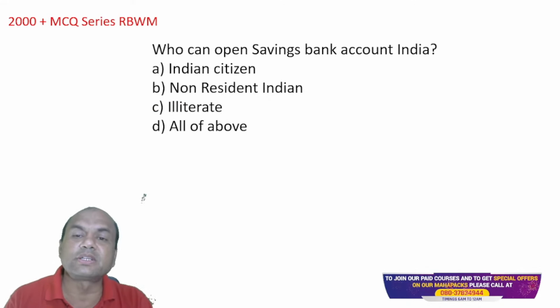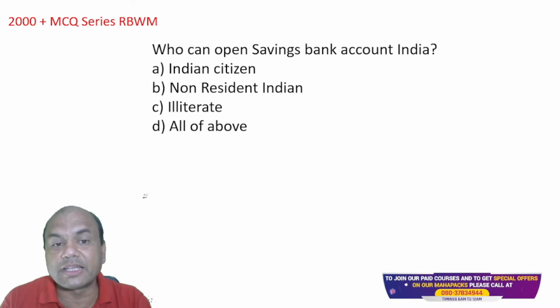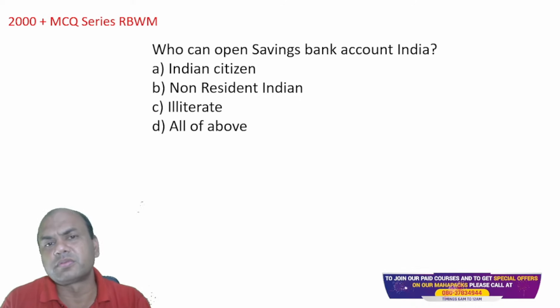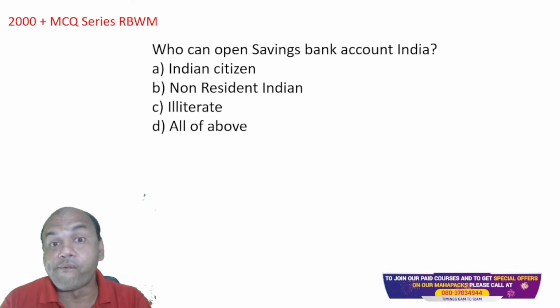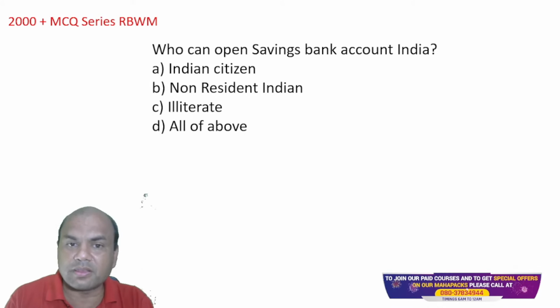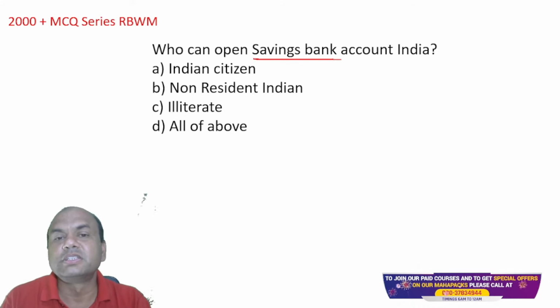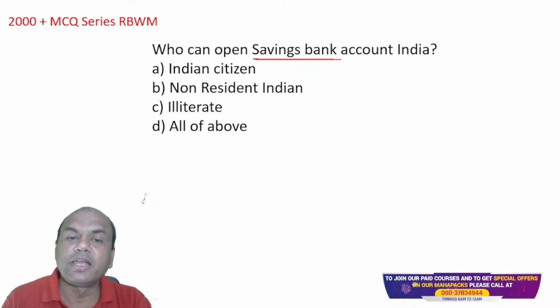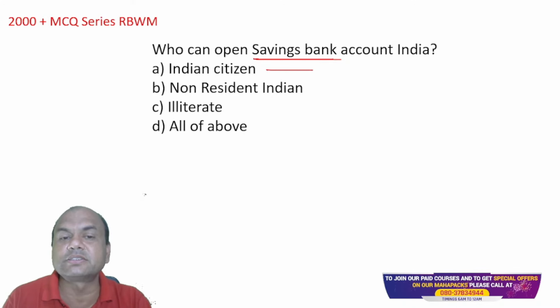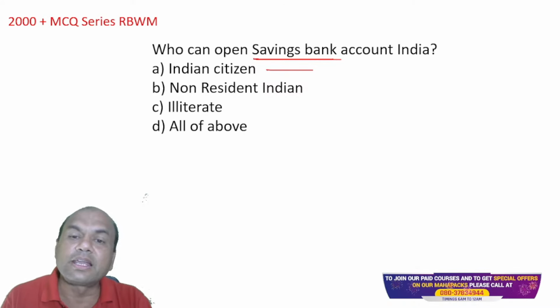Who can open the savings account in India? Indian citizen, NRI, illiterate, all of the above. Savings account can be opened by an Indian citizen. When the Indian citizen opens, it is called a Resident Savings Bank account, RSB.